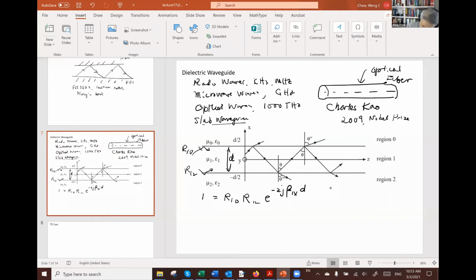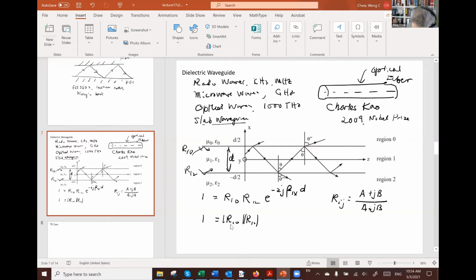And as I said before, when you have total internal reflection, all this would become just 1. And this equation can be satisfied because, as you have learned before, at total internal reflection, Rij is of the form of (A plus jB) over (A minus jB).